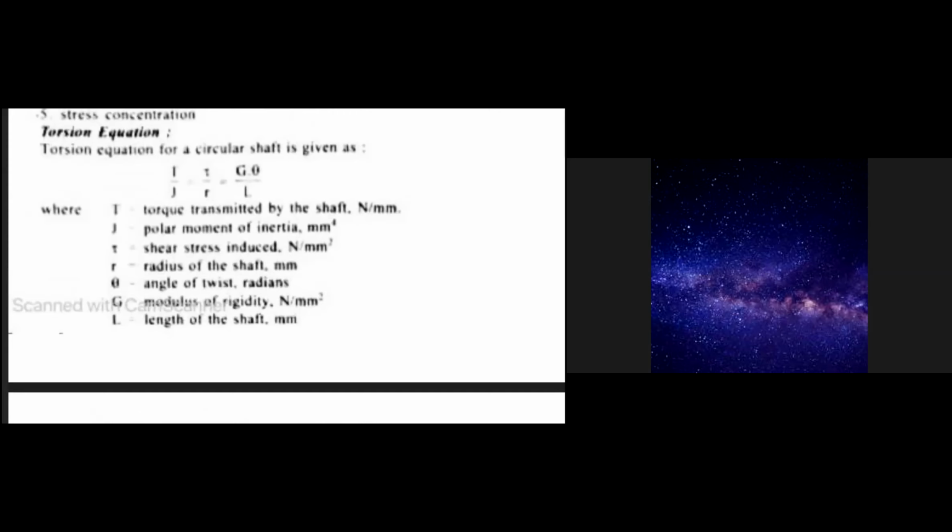The torsion equation for a circular shaft is given by T by J equal to tau by R equal to G theta by L, where T is the torque transmitted by the shaft, J is the polar moment of inertia, tau is the shear stress induced within the shaft, R is the radius of the shaft, G is the modulus of rigidity, theta is the angle of twist, and L is the length of the shaft. So this is the torsion equation.